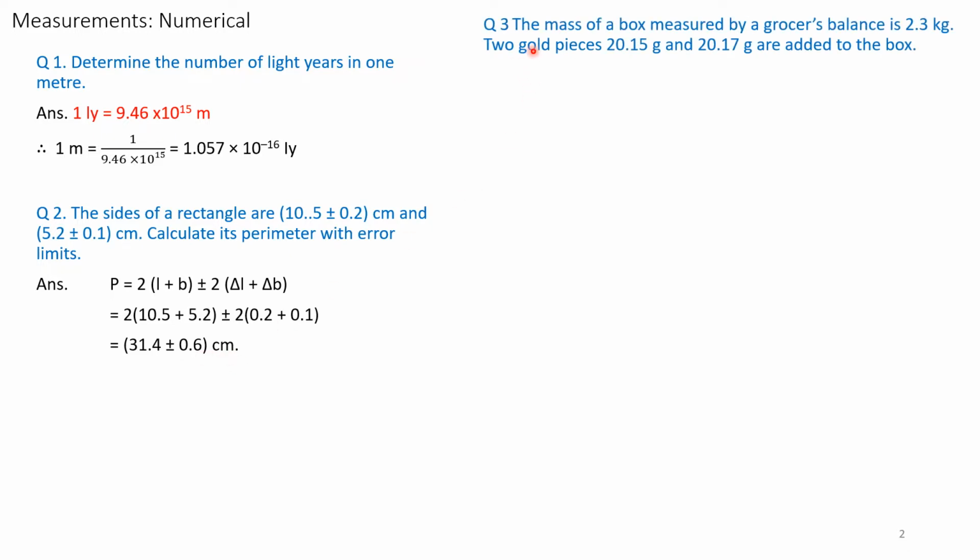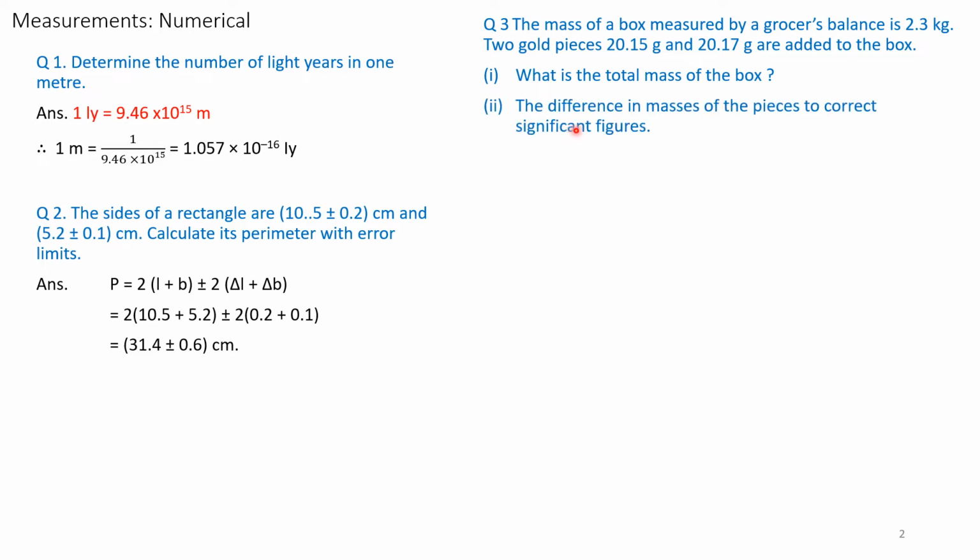Question number 3. The mass of a box measured by a physical balance is 2.3 kg. Two gold pieces of 20.15 grams and 20.17 grams are added to the box. Part 1: what is the total mass of the box?